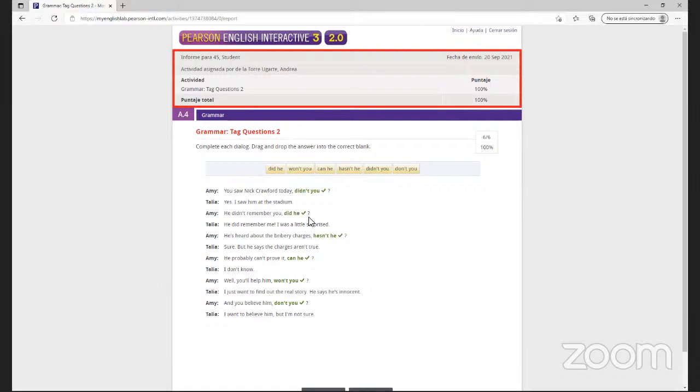Most of the time, we are going to see that the adverb always finishes in L and Y. For example, the adjective is fast, rápido, and the adverb is going to be fastly, rápidamente. So that is the difference between an adjective and an adverb. The adjective qualifies the person.